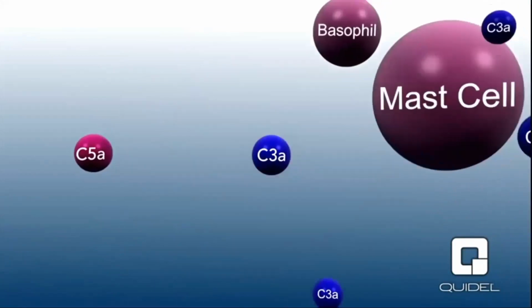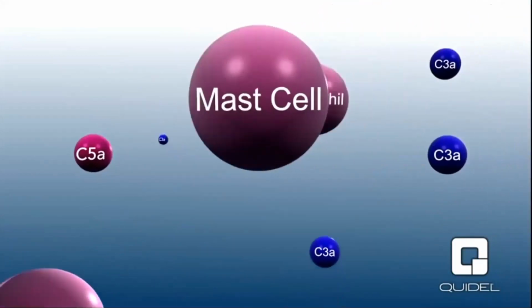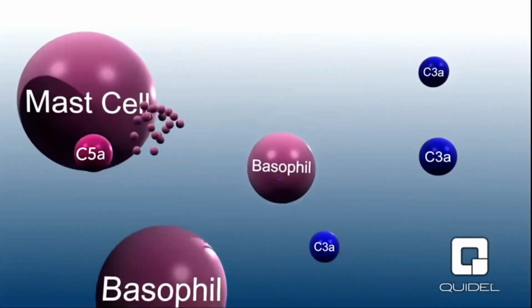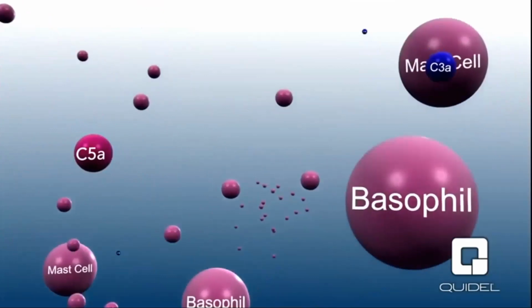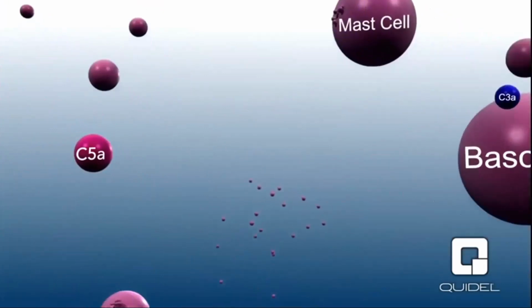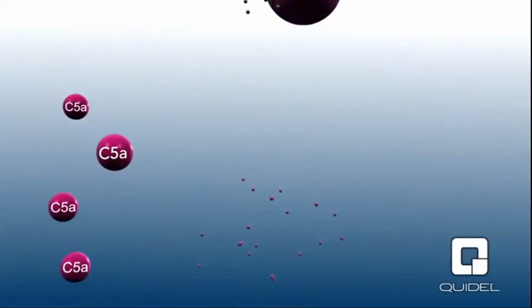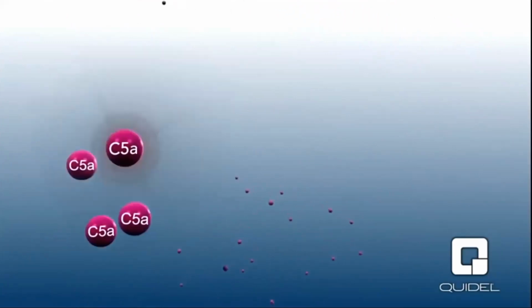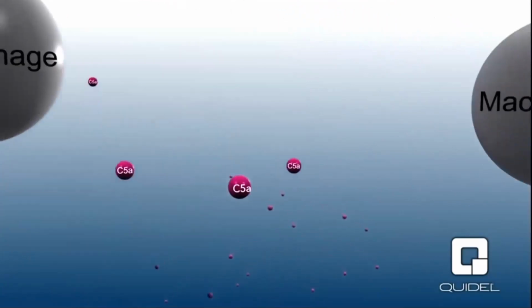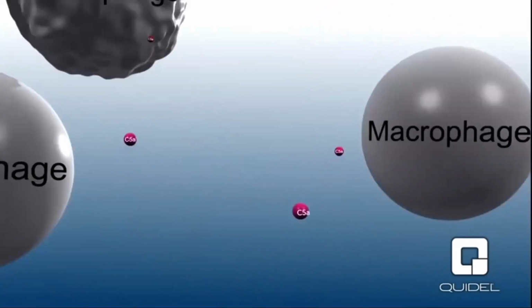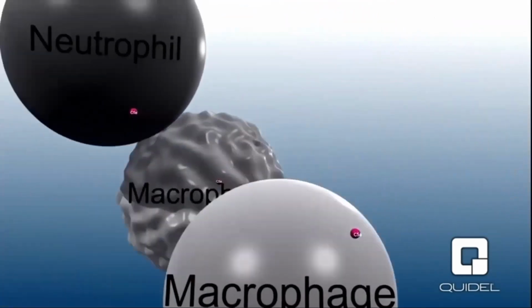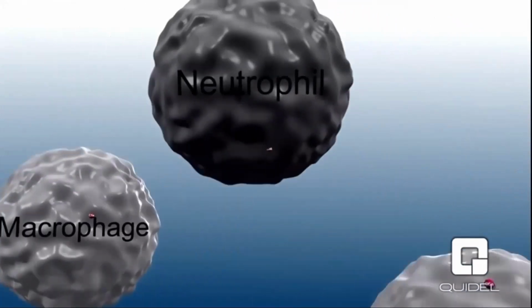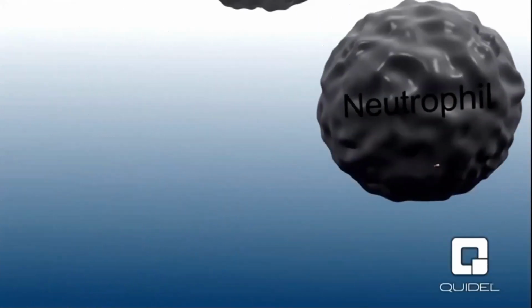They will attract the basophils and the mast cells. They will attach to them and activate those mast cells and basophils to release the granules, and then they will help in destroying the cells. That was the role of C3a, and similarly C5a also does the same thing. They will attach themselves to macrophages and neutrophils, and use them in destroying the cells. So this is what they do after getting released.